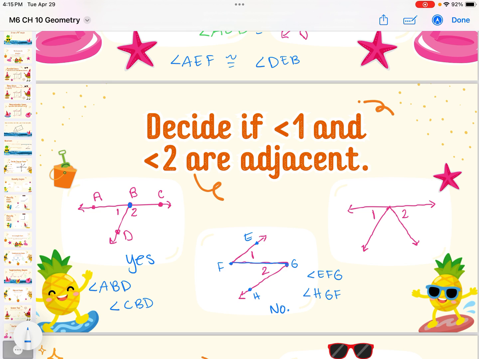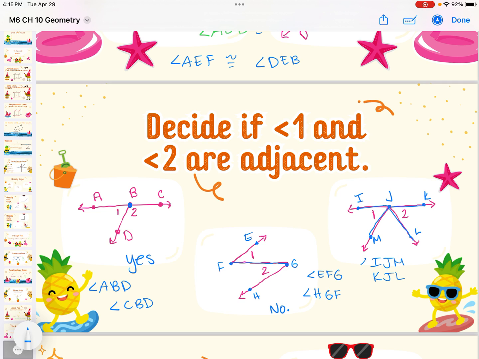And then lastly, this one, I'm going to label this real quick as angle IJK, and then M and L. We'll pick out our two angles. This one right here is IJM, and this one right here, KJL.